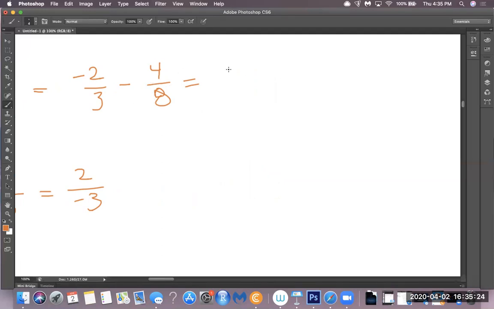So let's see. -2/3 minus this. Is there any number divisible by 4 and divisible by 8 that we can simplify by? So 4 divided by 8. Well, that seems like a good candidate. What's 4 divided by 8?